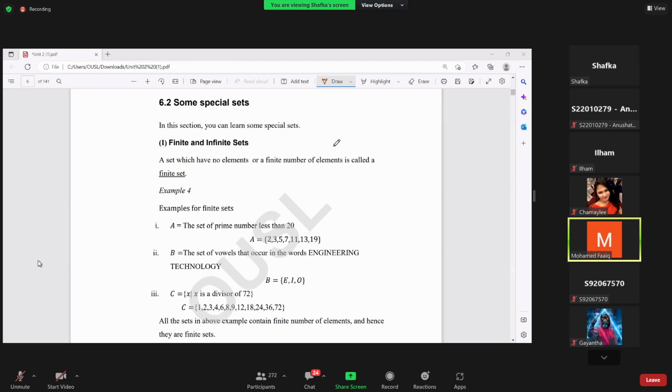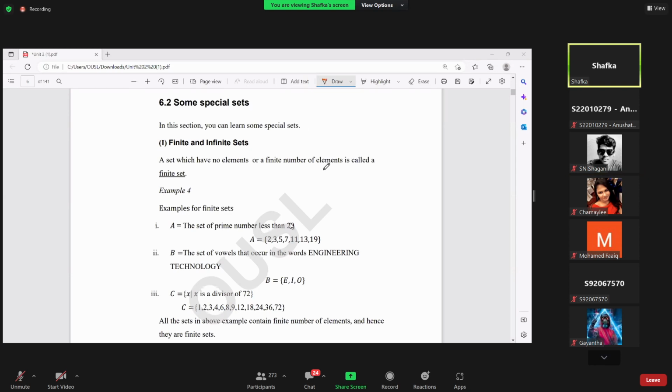A limited number of what? It contains a finite number of elements.